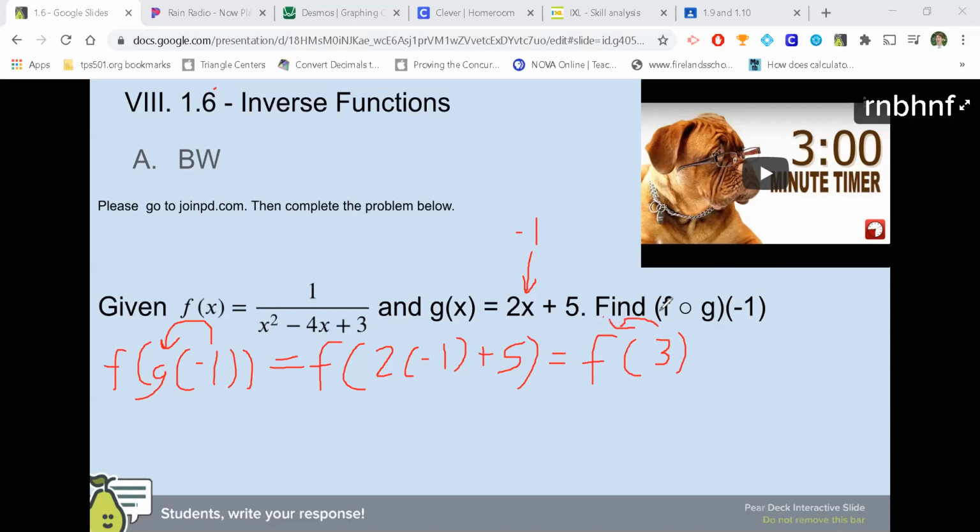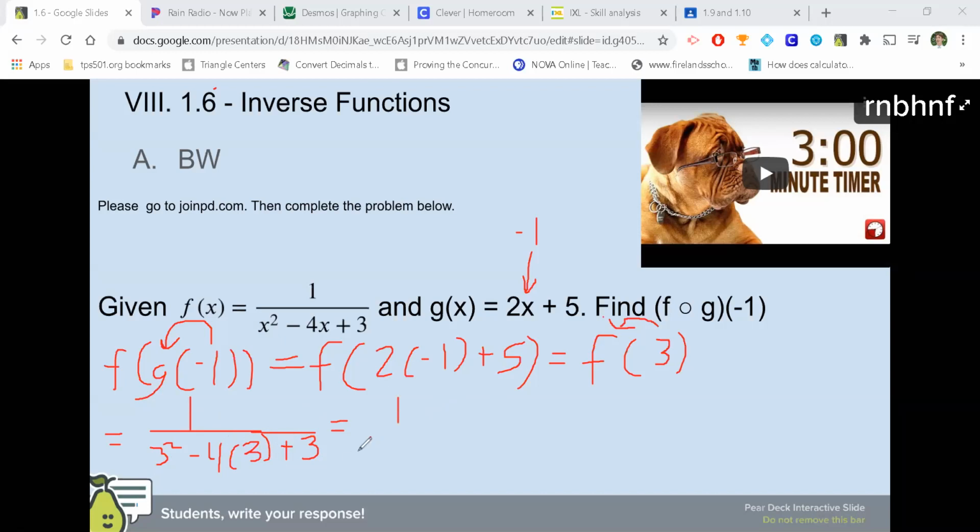So if I plug that in, you get 1 over 3 squared minus 4 times 3 plus 3. Which is what? 9 minus 12 is -3 plus 3 is 0.